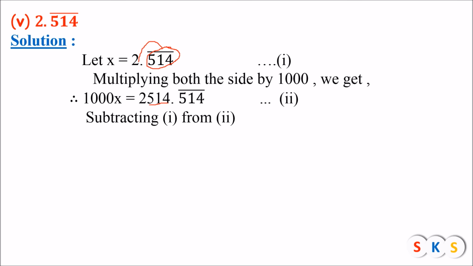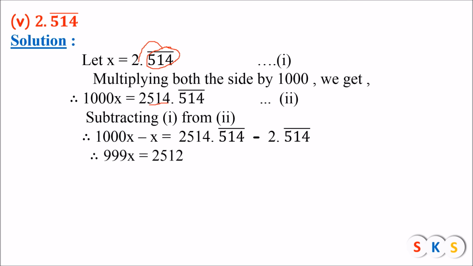So 1000x minus x equals 2514.514 repeating minus 2.514 repeating. So you'll get 999x equals 2512. So x equals 2512 upon 999. Therefore 2.514 repeating can be written as 2512 upon 999.